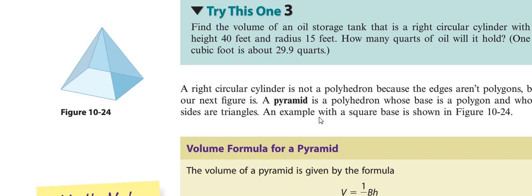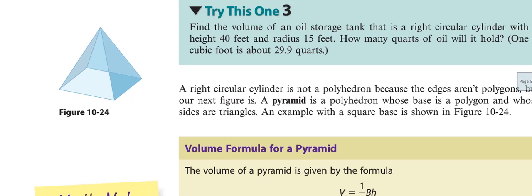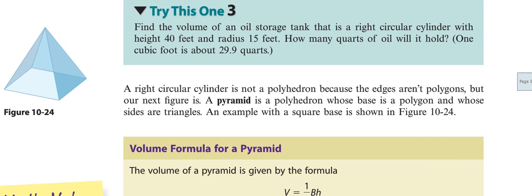As indicated here, a pyramid is a polyhedron whose base is a polygon and whose sides are triangles. So that's the definition that we're using for a pyramid, and this is the only type of pyramid that we will discuss in this class. You have other types of pyramids, but this is the only type that we will discuss.